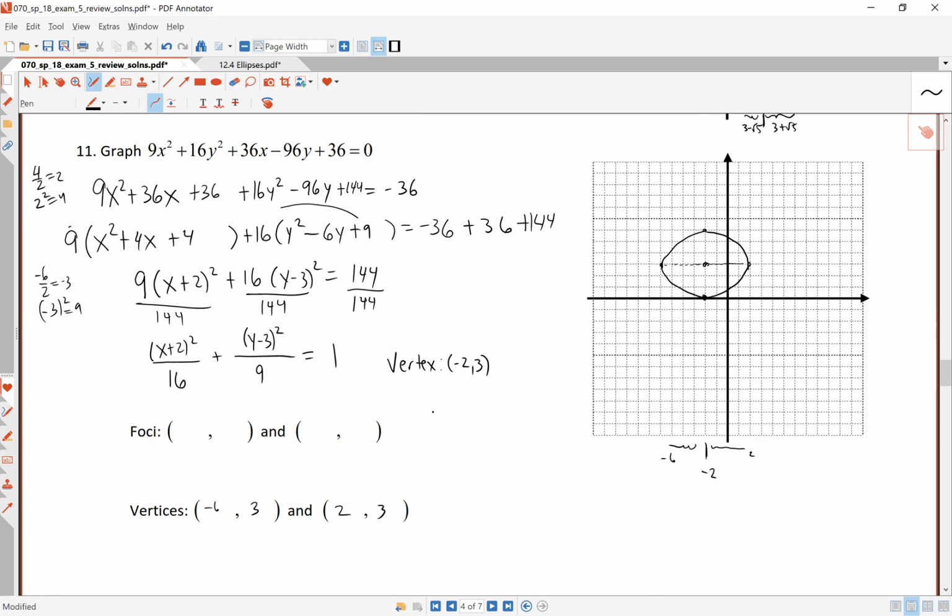And now the foci, they lie c units from the center, where c squared is a squared minus b squared, larger minus the smaller. 16 minus 9 is 7, so c is the square root of 7. To plot those, we recognize that the square root of 7 is a little bit smaller than the square root of 9 and a little bit bigger than the square root of 4.